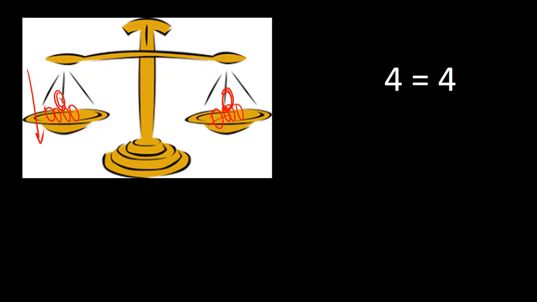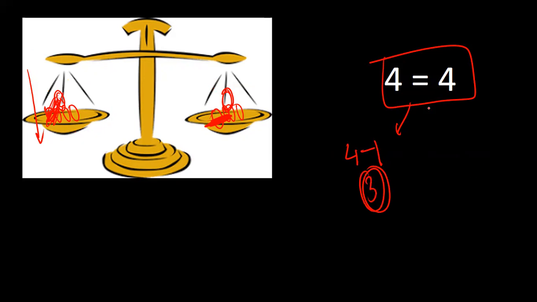Similarly, if I remove 3 balls, this is again going to go down. But if I remove 3 balls here as well, then again it will attain equilibrium, or it will become equal. Similarly, in this, if I subtract 1 from this side, if I make it 4 minus 1, this becomes 3, which means on the other side also I need to subtract 1 to make it equal.